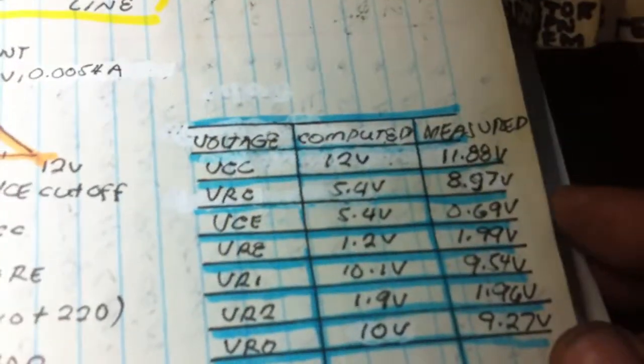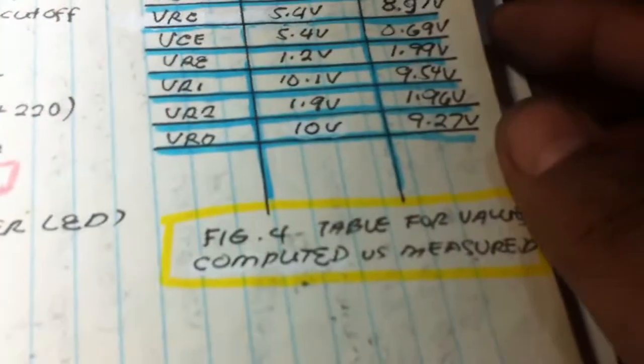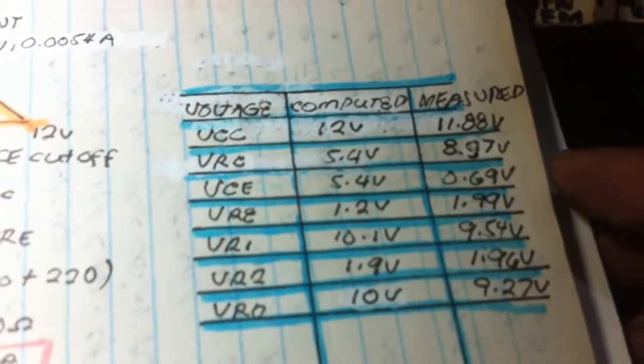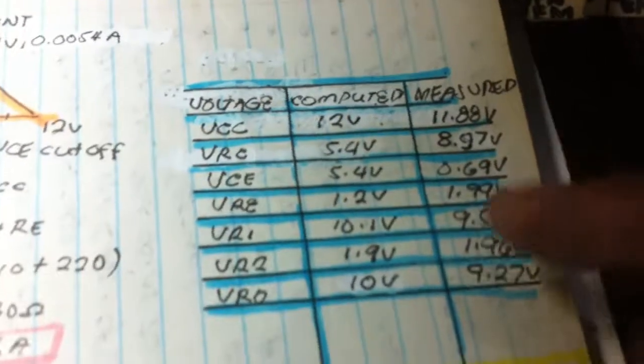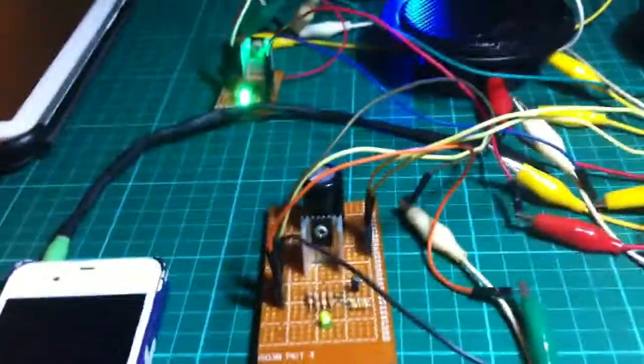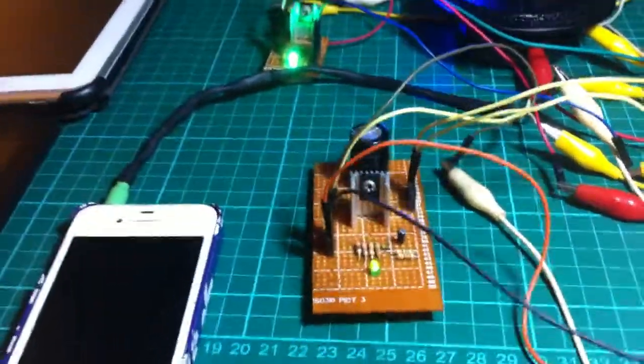I also have this table for computed and measured values, but we're not going to use it. This is just for how to compute the values of the resistors.